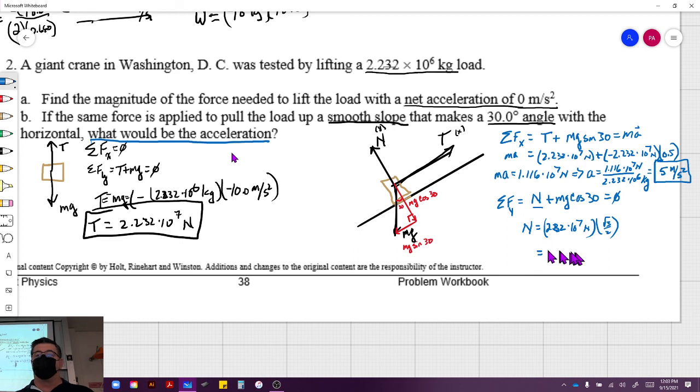Okay, so that is the magnitude of the acceleration. So the acceleration really would be, all right, a equals 5 meters per second squared up the slope, because we had some kind of direction. And that is number 2.